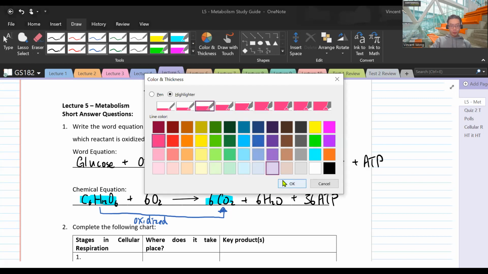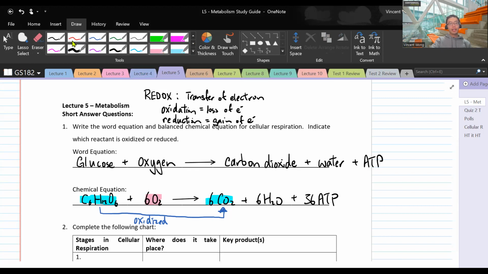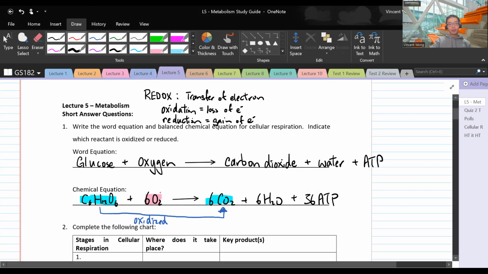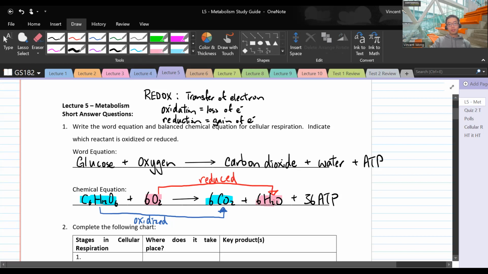Well, where do those electrons go? They're going to go some places in between, but ultimately those electrons will end up being on the oxygen. And when the oxygen picks up the electron, they will become the water molecules. So they will be reduced into H2O.